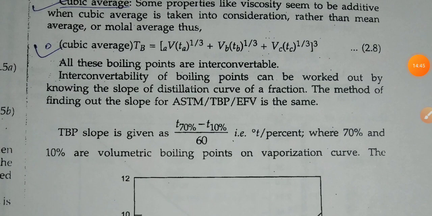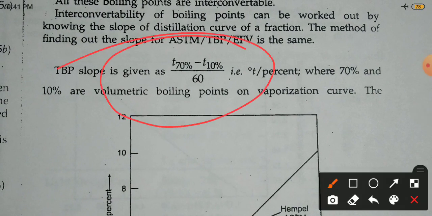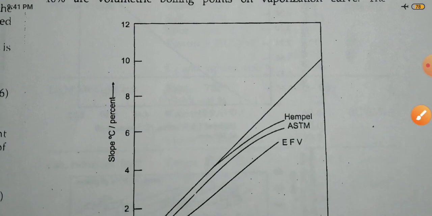Simply, all these boiling points are interconvertible, and the boiling point cut can be worked out by knowing the slope and the distribution curve. Okay, simply this is the main equation, T70 to T10, T60 by this equation curve.